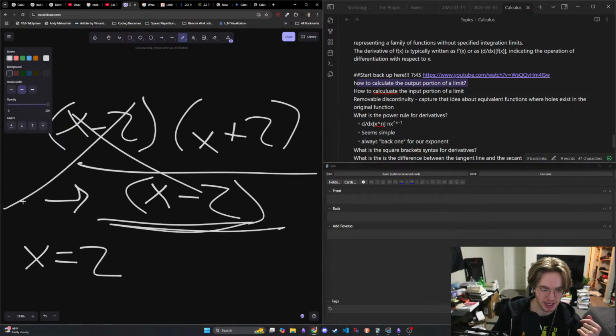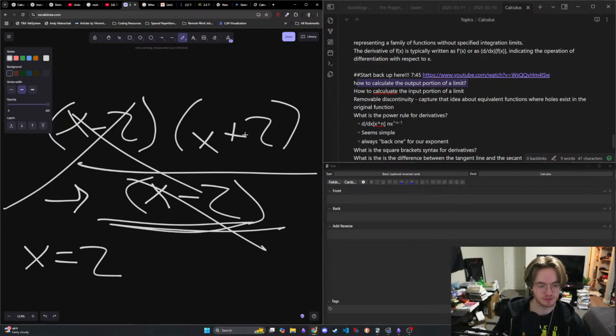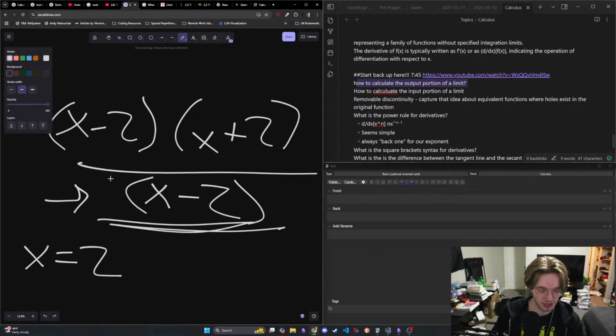But I can cancel these out to where I just have this function, which is algebraically equivalent to the entire function before I cross them out, right? It's entirely equivalent algebraically, but it doesn't have the discontinuity where x equals 2. Okay, I think that's reasonable.